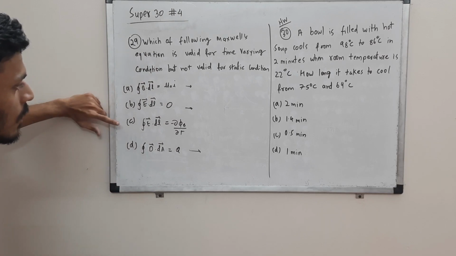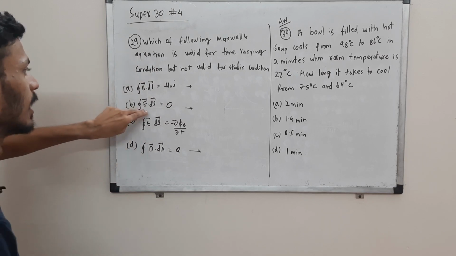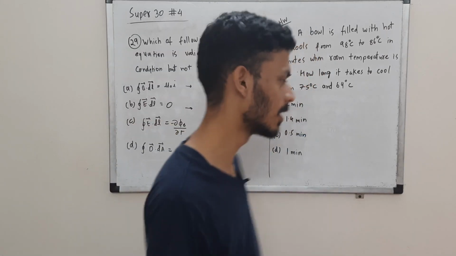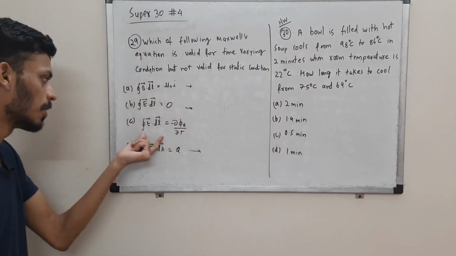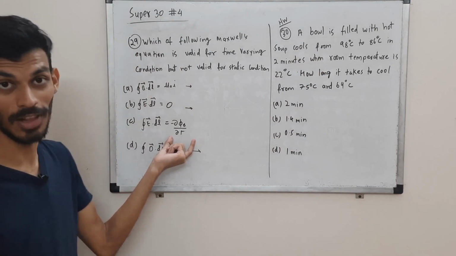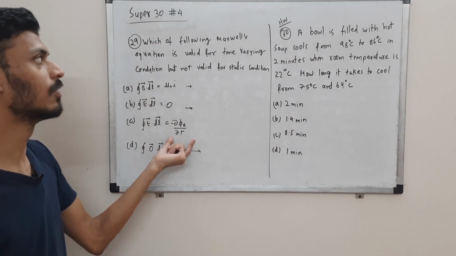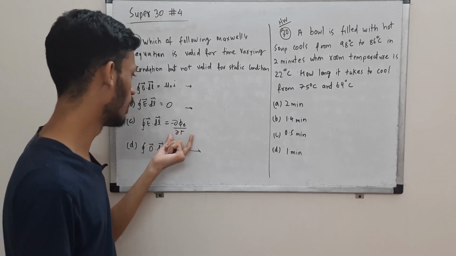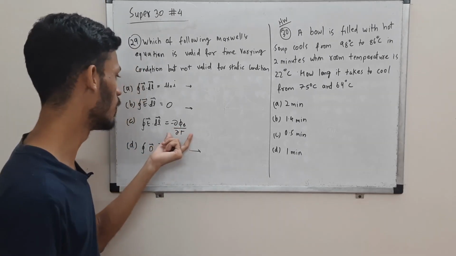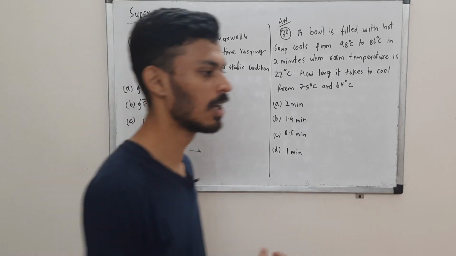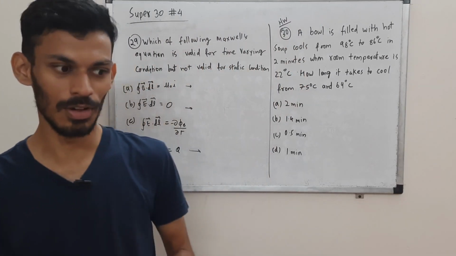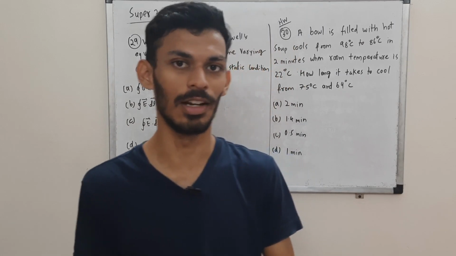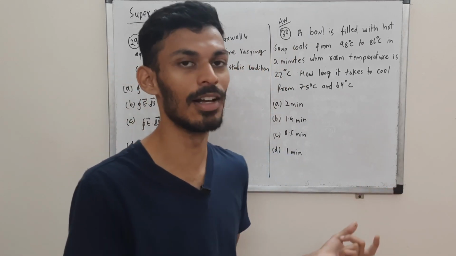This one, if you see, it is Faraday's law, right? EDL is nothing but your induced EMF, because EDL gives you EMF, right? So EMF is nothing but rate of change of flux. If this was not valid for time varying, how will this law be framed? Faraday's law is itself valid in time varying cases, because you consider the rate of change of flux, the change in flux with respect to time.